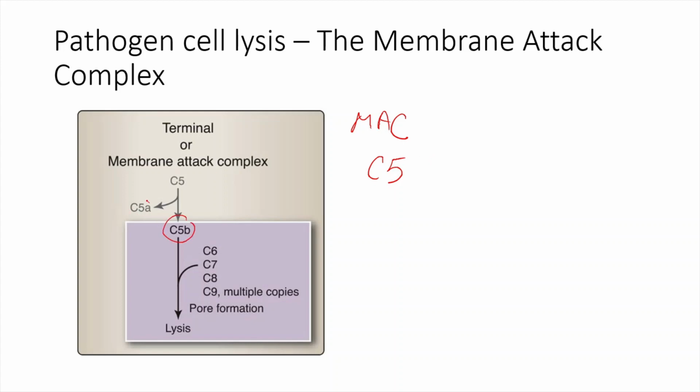This is the big piece, this is the small piece. The small piece interacts with C6, and then it forms a binding site where the C7 can go.